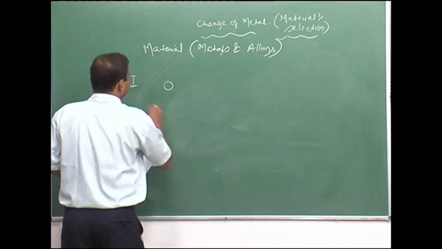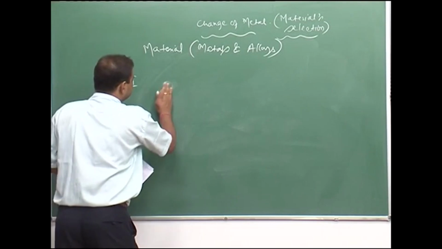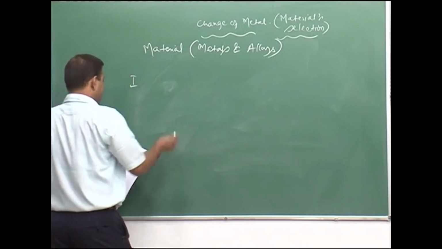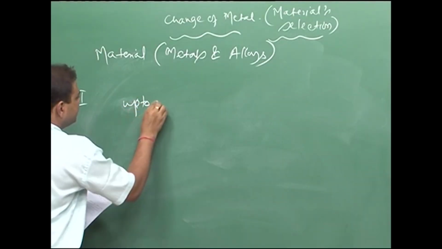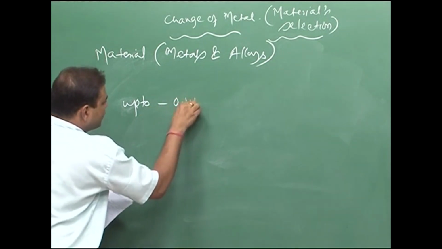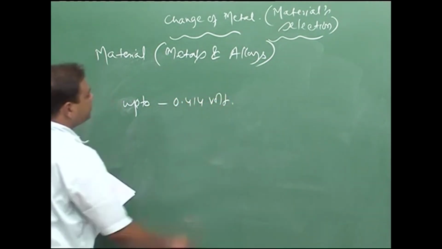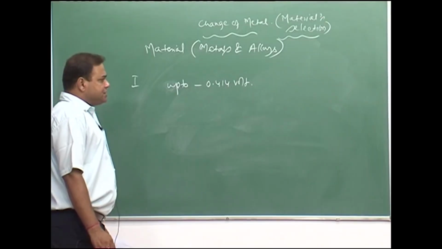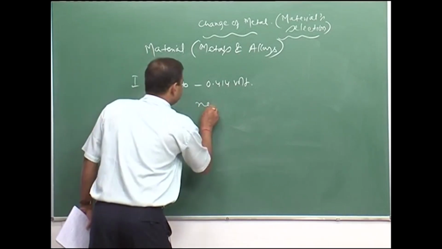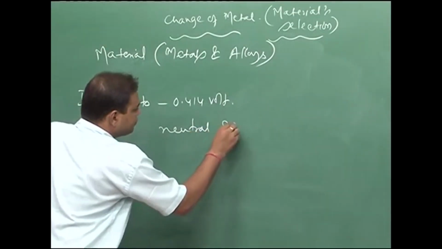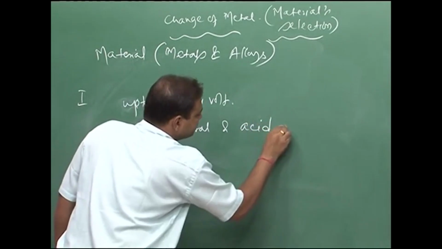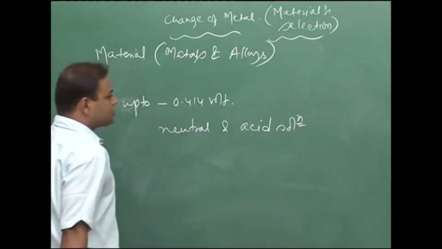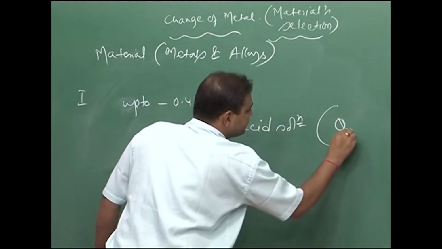One is where the potential of the metal is up to minus 0.414 volt. In that case we generally experience corrosion of that metal in neutral as well as acid solution, without the presence of oxygen.